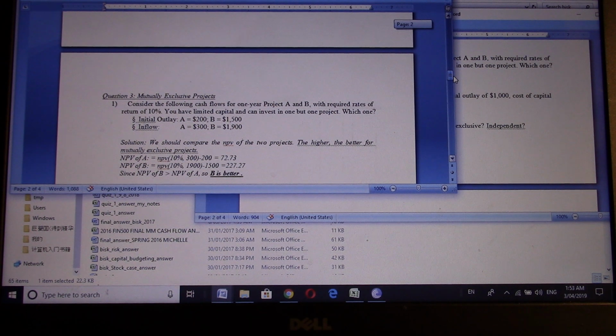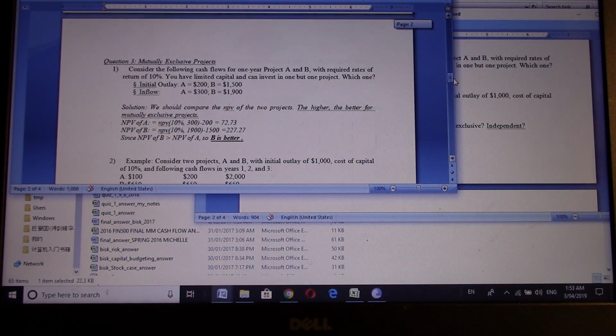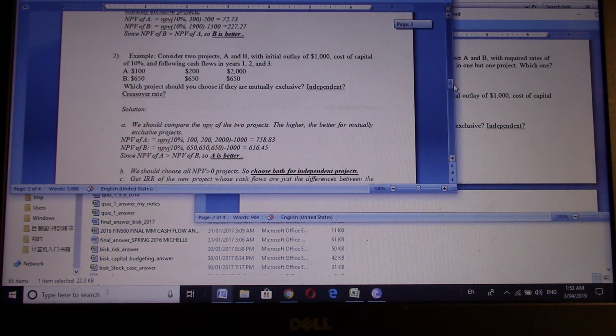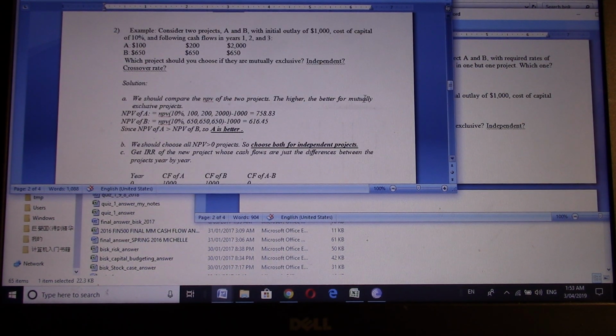So for the third question, we're looking at the second part of this one. If they are mutually exclusive, you should compare the NPV of the projects and pick the one with the higher NPV. So if you do the calculation, A should be better.